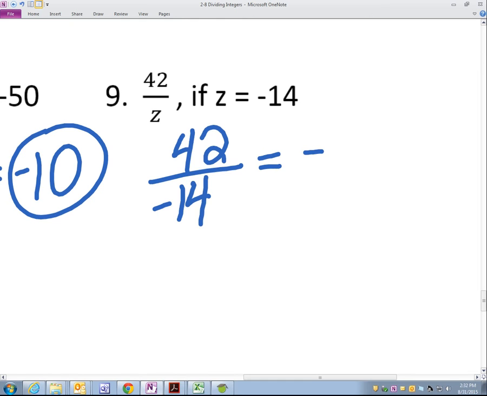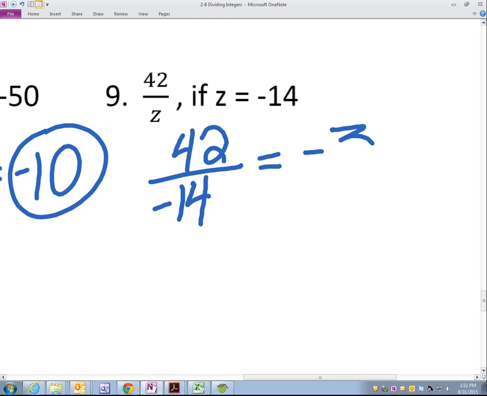Satrowski, what's the answer? She'll get it. Here's a little help. 14 times 2 is 28. It's 3.